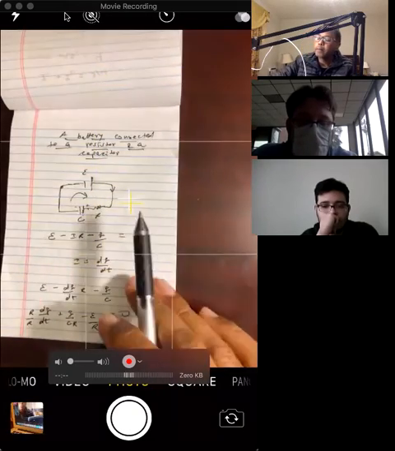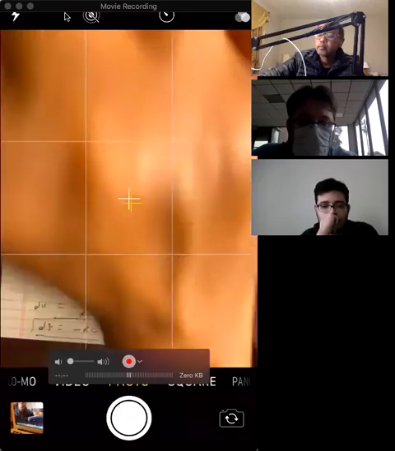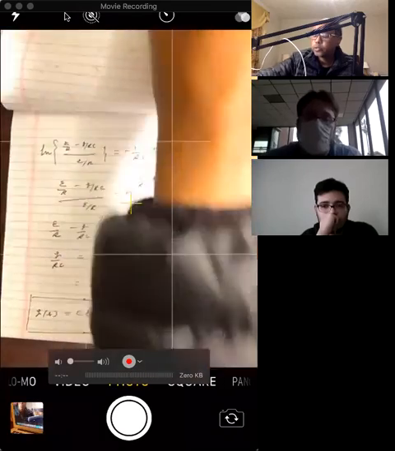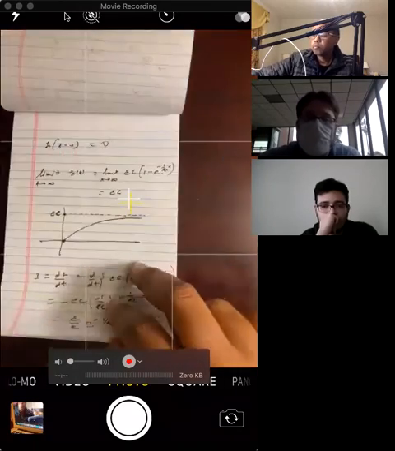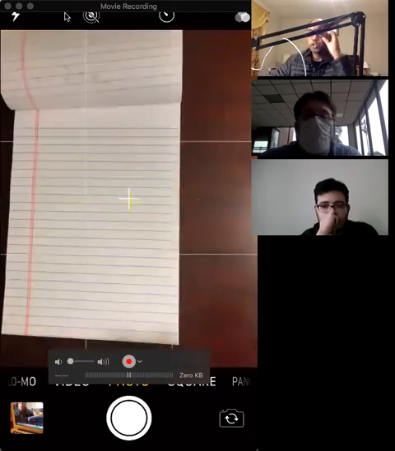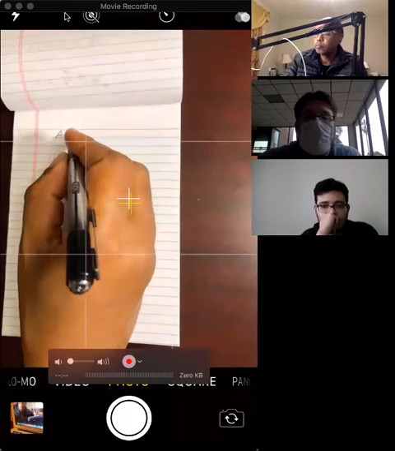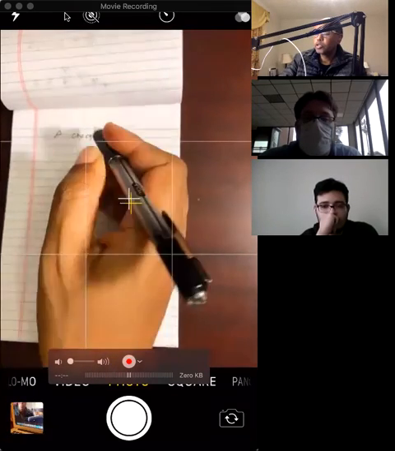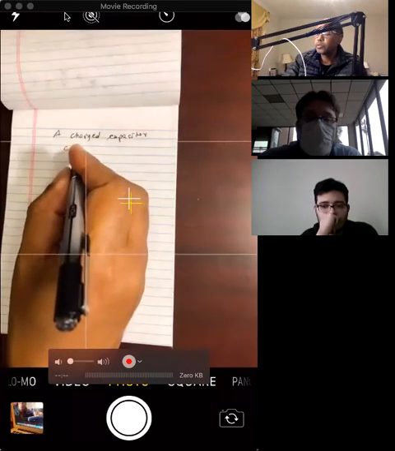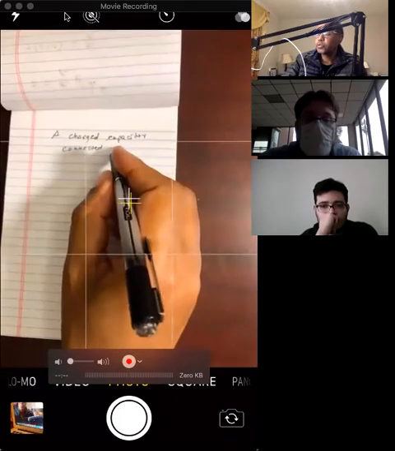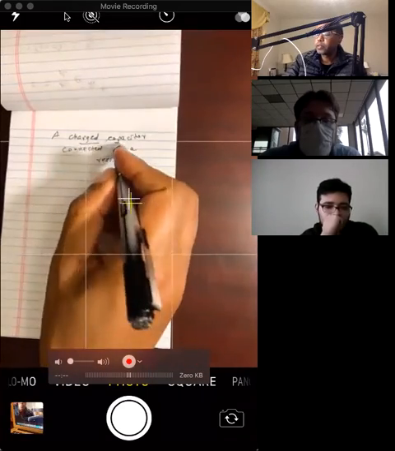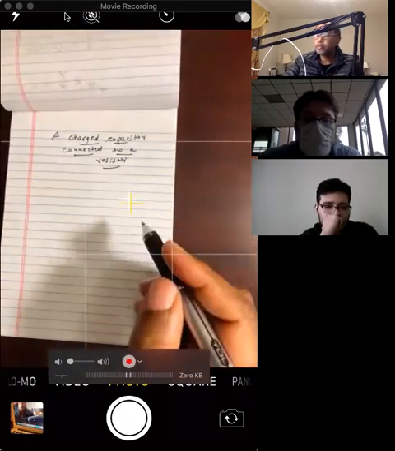All right. Finally, we're going to look at a charged capacitor connected to a resistor. In this case, we charge the capacitor fully.